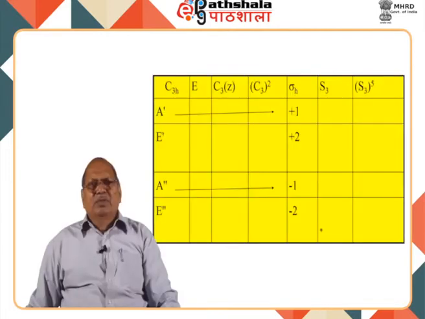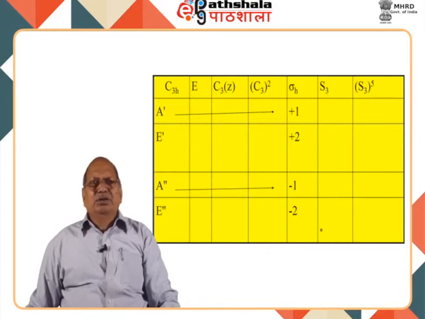Point groups Cnh, n is odd, and Dnh, n is odd, do not have i but have sigma h only, as shown over here. We can give the symbol as A1 prime, E prime, etc. to these various point groups depending upon the value of n, whether n is odd or n is even, etc.